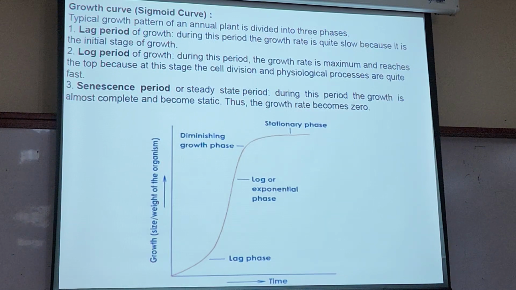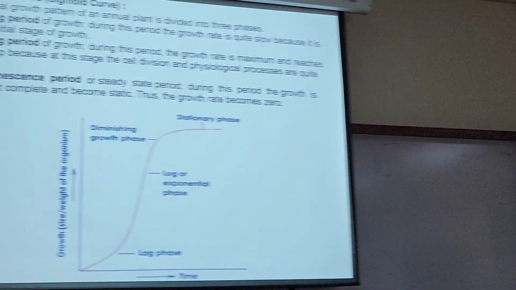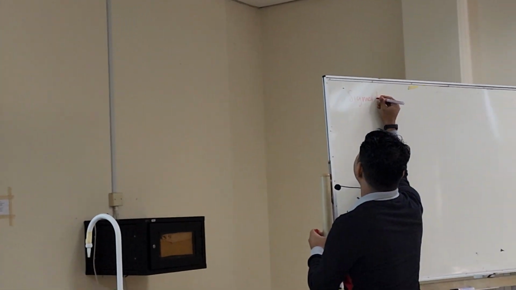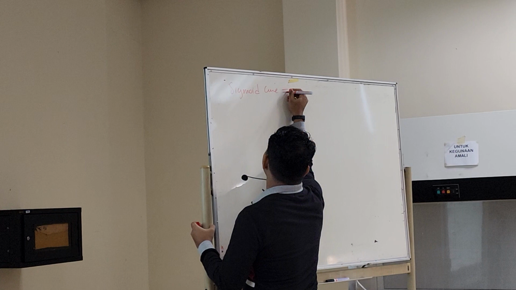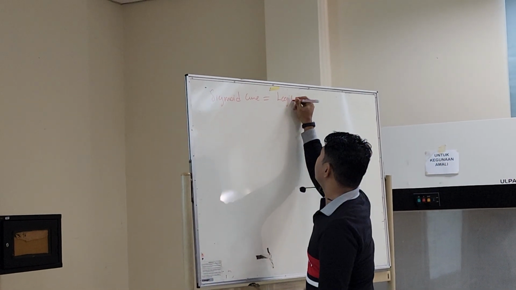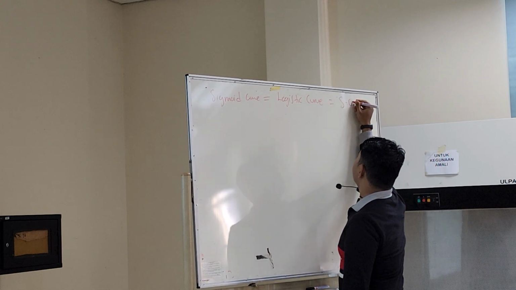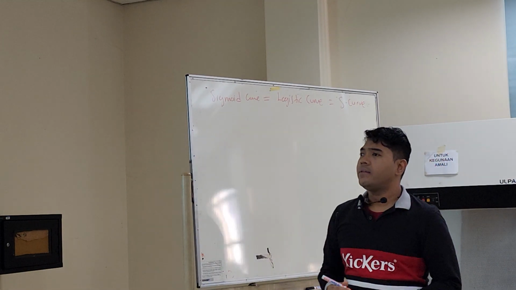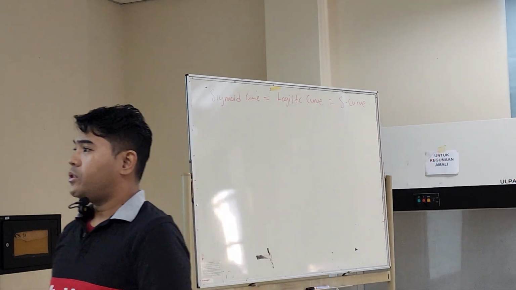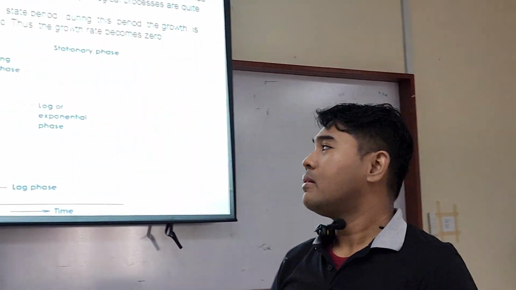But rather, it has this form of growth curve, known as the sigmoid curve. It depends on the book. Sometimes it's called the sigmoid curve. Sometimes it's called the logistic curve. So if you see sigmoid curve, it's actually equal to logistic curve, or S curve. Why is it called S curve? Because the shape looks like an S.